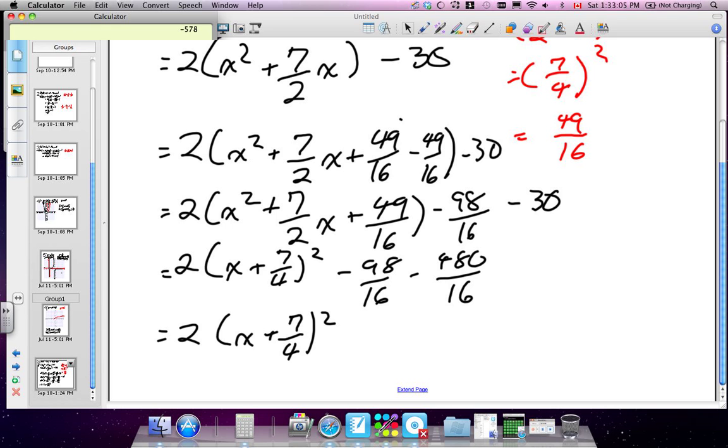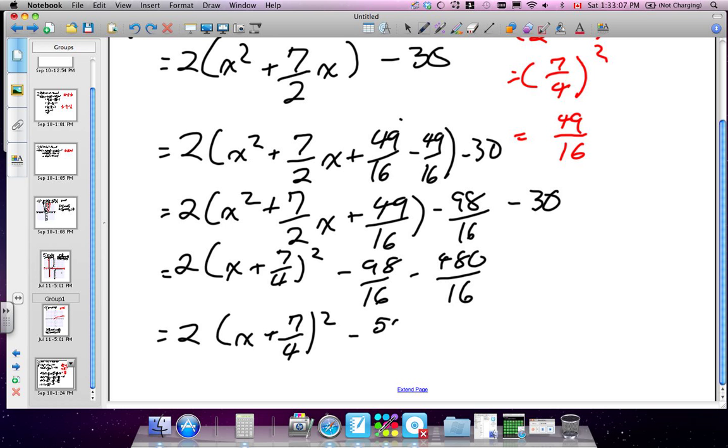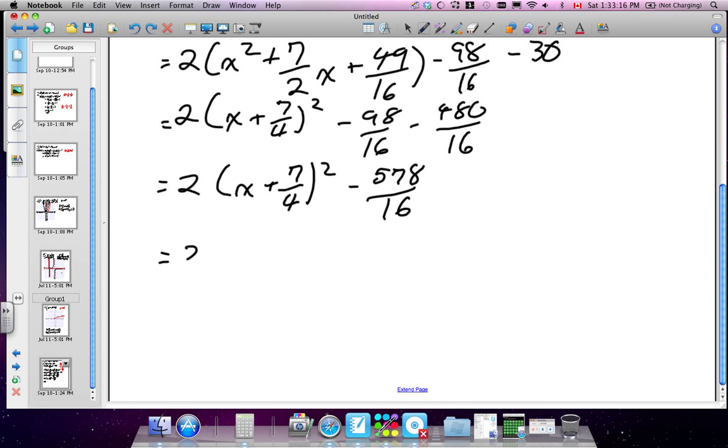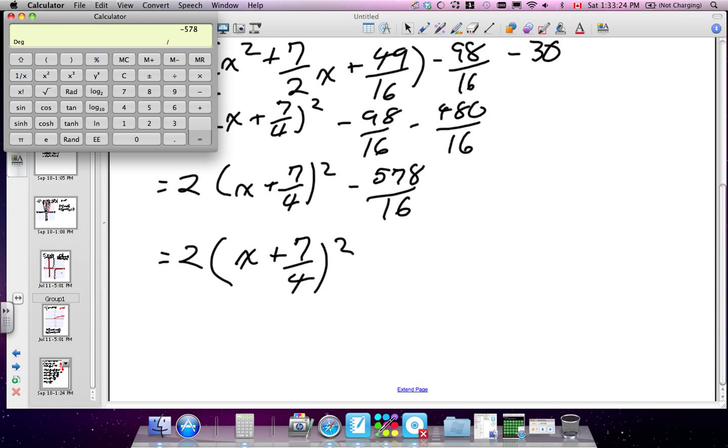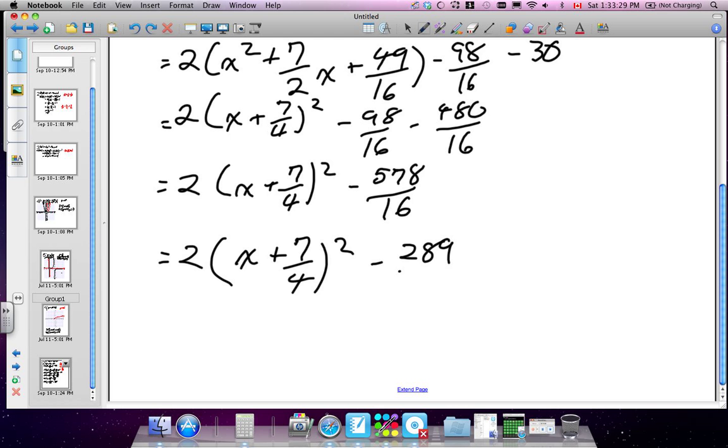That's negative 578. So we get negative 578 over 16. And then what did you do to reduce it? Divide them both by 2? When I did the beginning, I just crossed out instead of multiplying it, just crossed both of them out. Okay, so if we divide this by 2, we get 289 over 8.